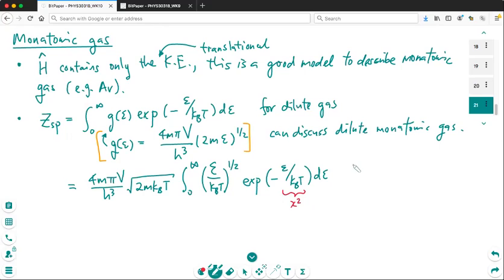In the end, you will use a standard integral like this. Try to rewrite this into the standard integral of e to the minus x squared dx, and this is root pi over 2.